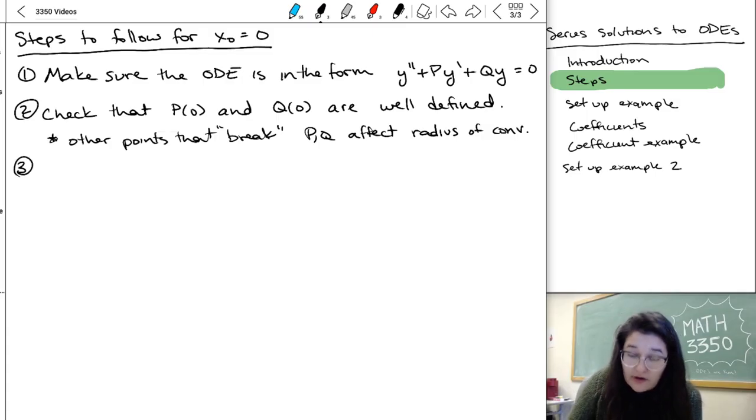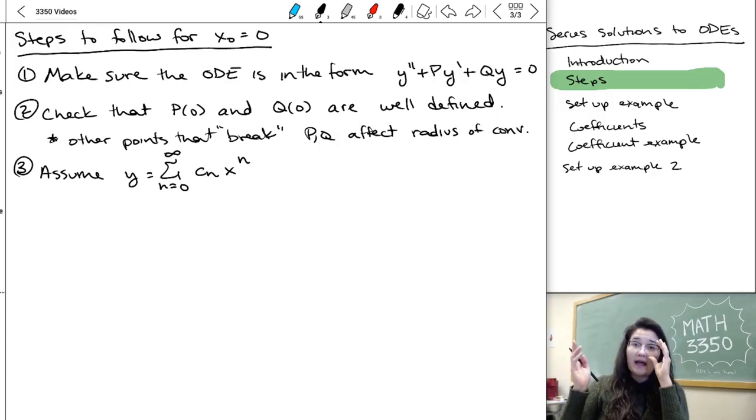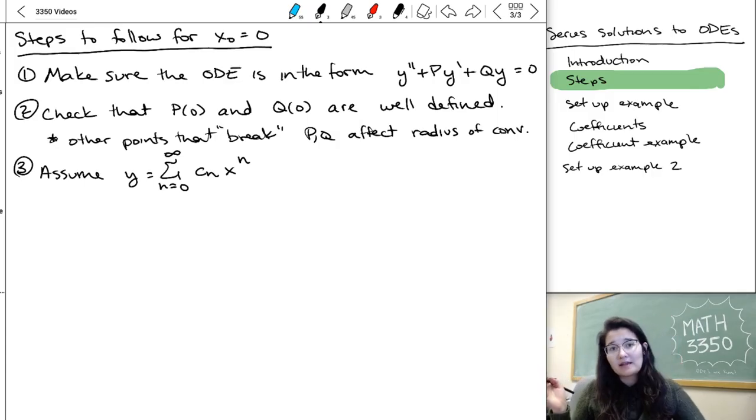So then once you know that this is an acceptable approach to take, you're going to assume a solution. We're going to take this series solution from n equals 0 to infinity of c sub n x to the power n. That's our x minus a that we've been seeing, but our a is 0, so it's just x to n.